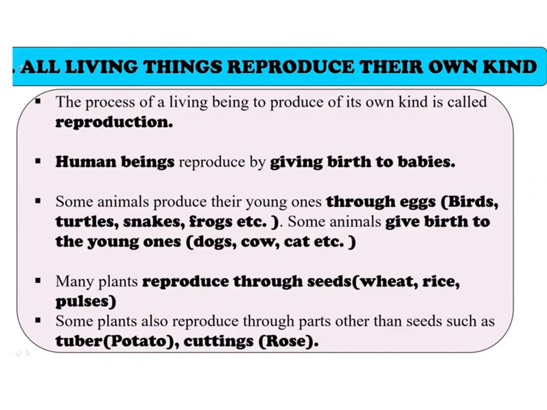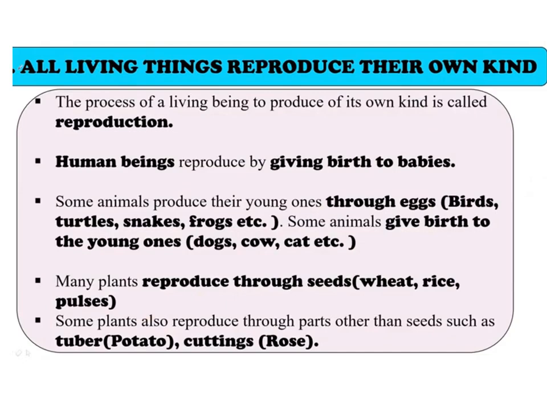Many plants reproduce through seeds. Now, in the case of plants, how does reproduction take place? Many plants reproduce through seeds, like wheat, rice, pulses. But some plants also reproduce through parts other than seeds, such as the tuber of potato. Then cuttings and grafting of trees come under reproduction of plants.